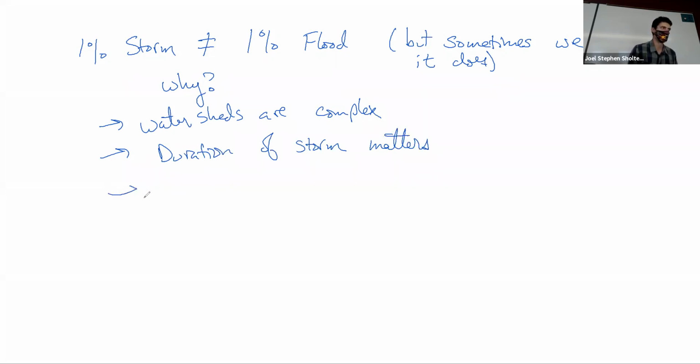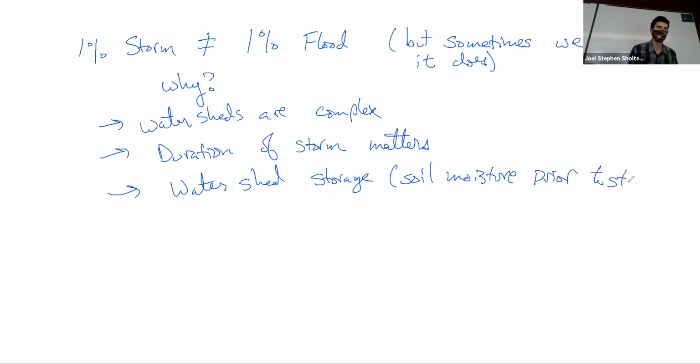We could have what's called watershed storage, and think of this as the soil moisture prior to storm. If we have a real dry, thirsty watershed, it might soak up a lot of the rain.